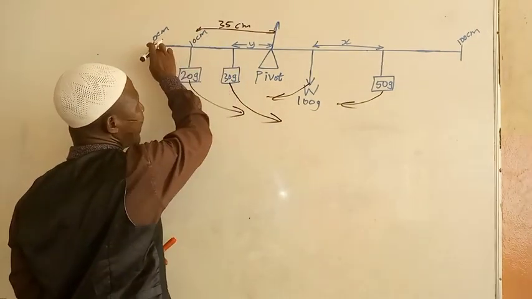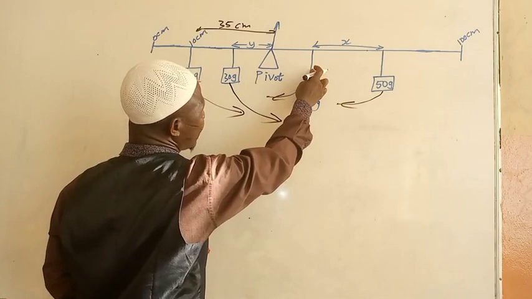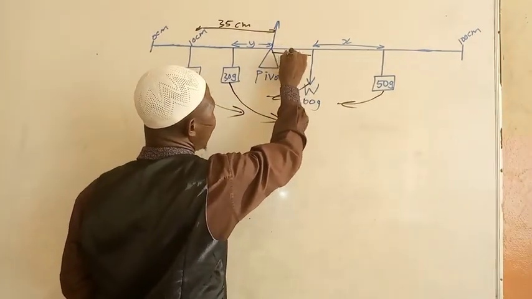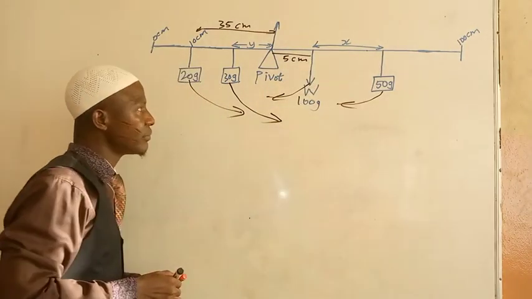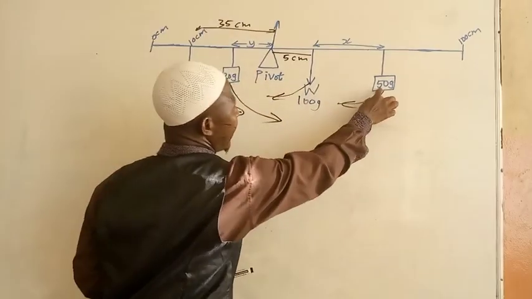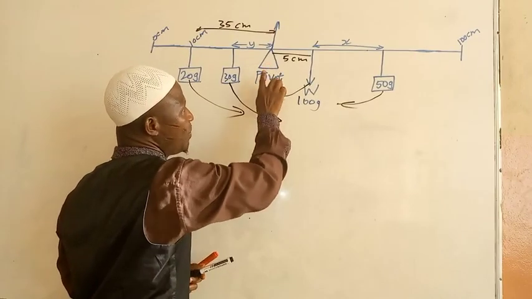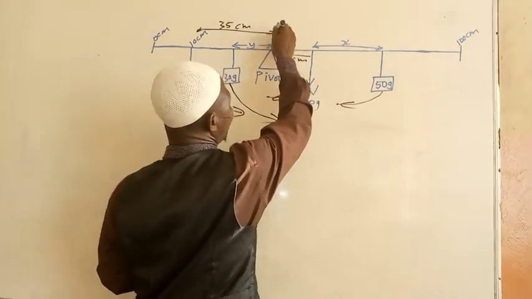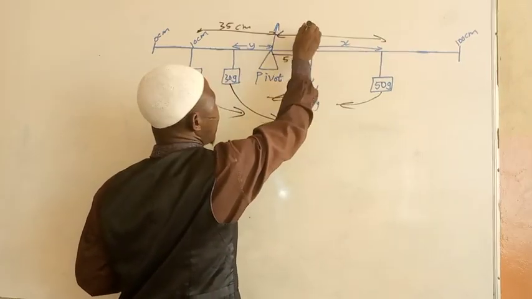Therefore, from here to here is 50, but from here to here is 45, so automatically this one is 5 centimeters. Then from here to here will be this x plus this 5, that is 5 plus x.